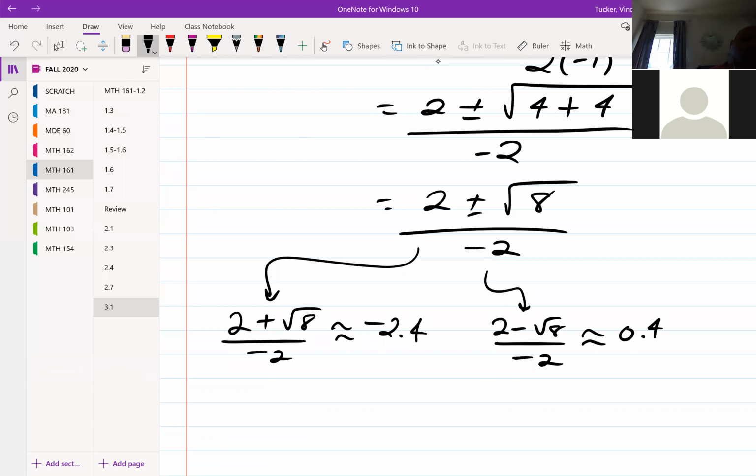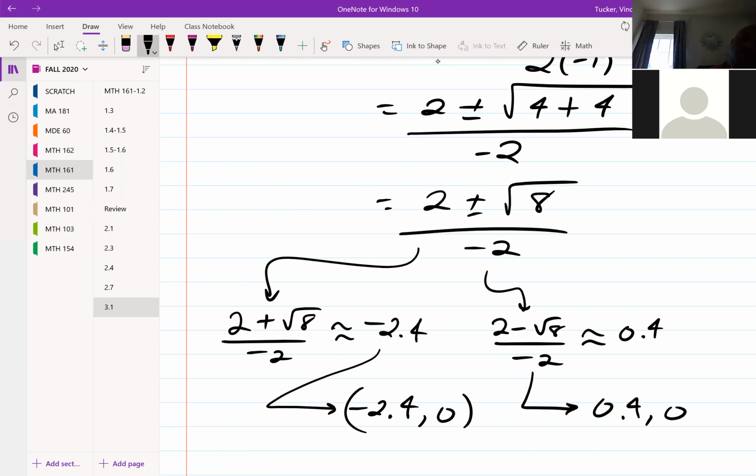All right. That's negative 2.4, 0, and 0.4, 0 for our coordinates.